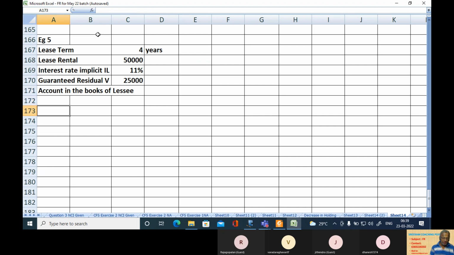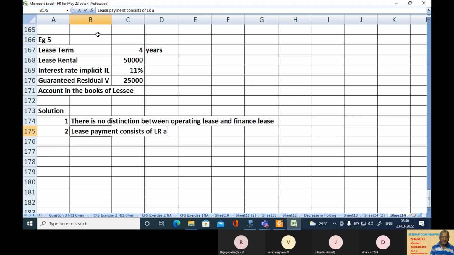So what is the solution that we are going to draw? So point number 1, there is no distinction between operating lease and finance lease. So lease payment consists of lease rentals and the guaranteed residual value.